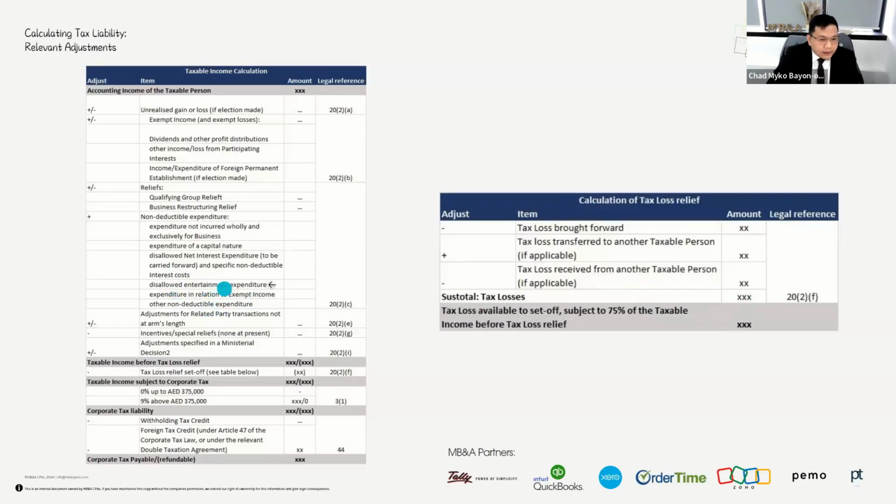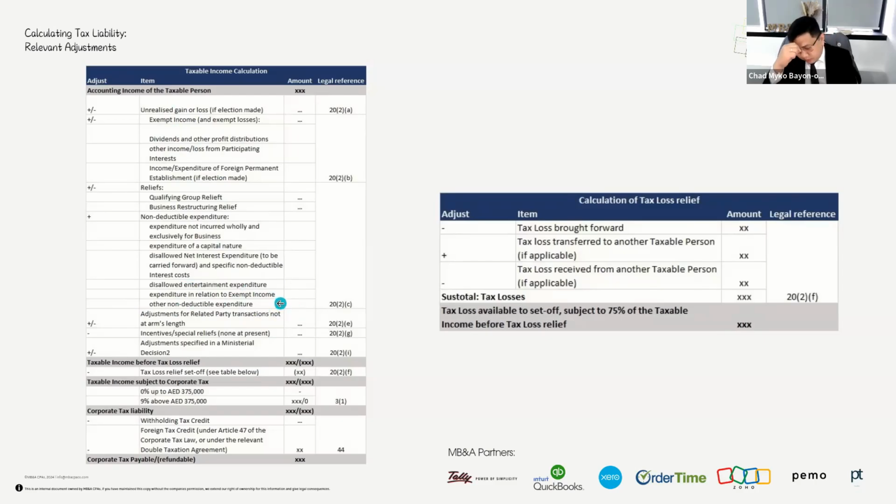And then disallowed entertainment expenditures, so the 50% portion of your entertainment expenses will be adjusted as well. And then expenditures in relation to exempt income. So any expenses related to these exempt incomes shouldn't be part of your expenses. So that should be adjusted. And then other non-deductible expenditures.